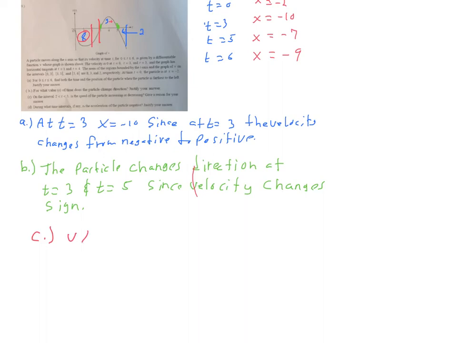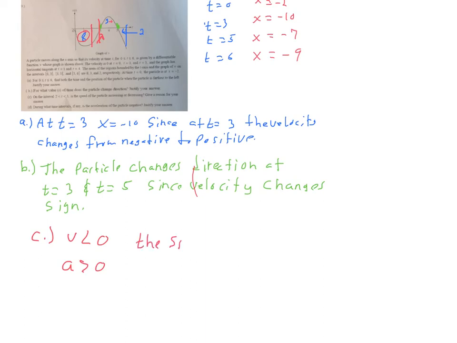V is definitely less than 0 because it's below the t-axis. But from 2 to 3, the velocity is increasing, so our acceleration is greater than 0. So yes, it's below the x-axis, but it's increasing. So the acceleration is greater than 0.